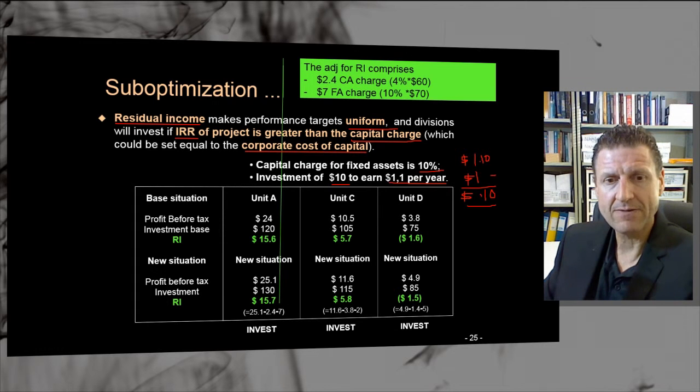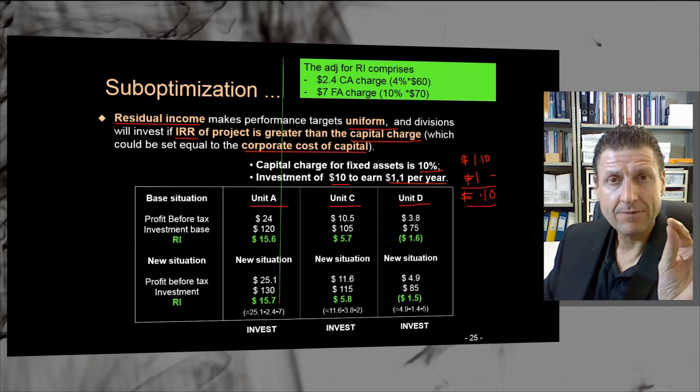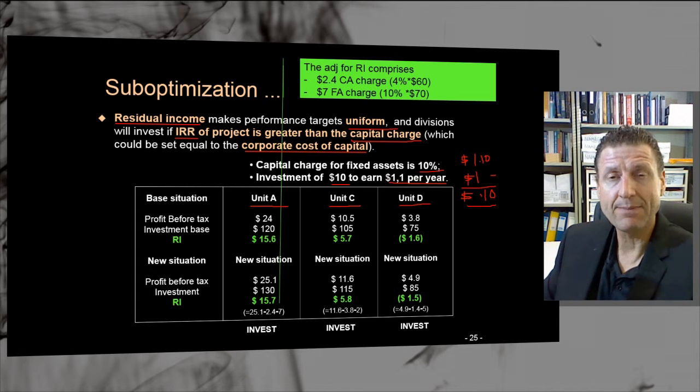Now we are looking at divisions A, C, and D from the point of view of their profit before tax, their investment base, and residual income. So the residual income is based on their profit less their current asset charge less their fixed asset charge.